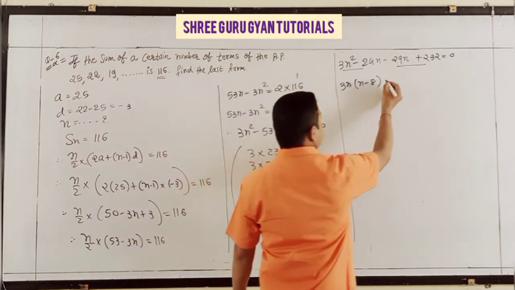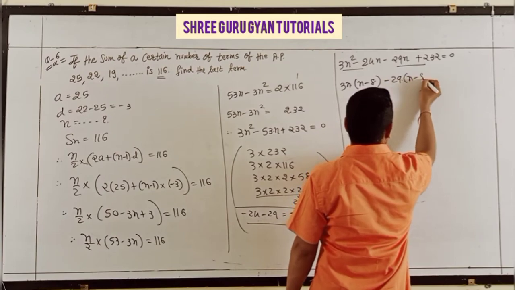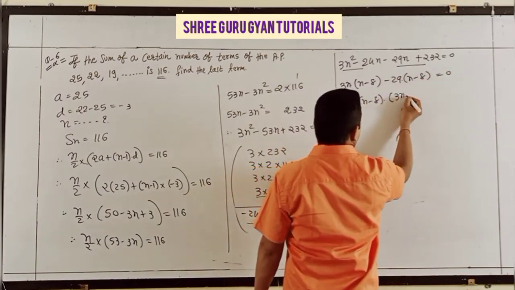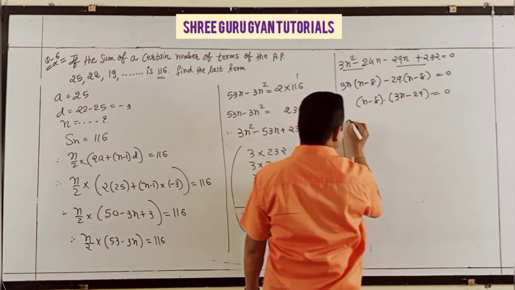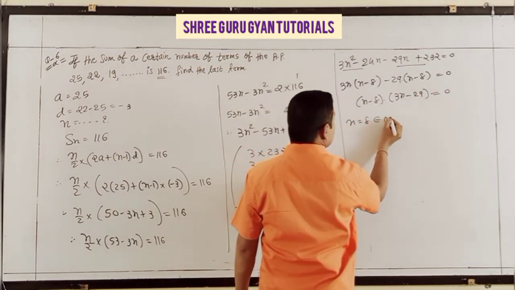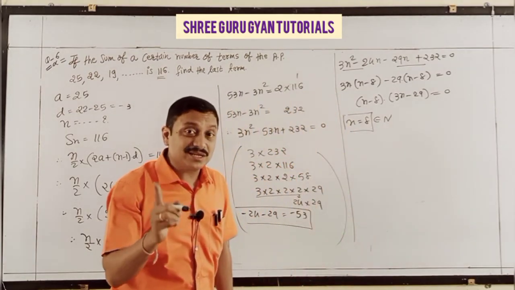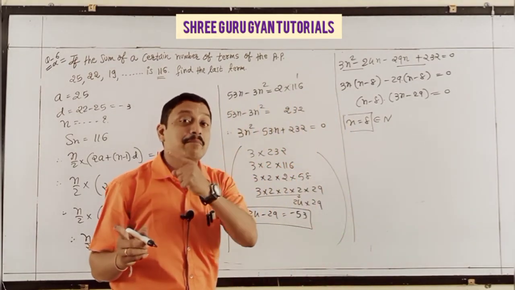Continue. Here 29 common, (n minus 8). So the factors are (n minus 8) and (3n minus 29). One answer is 8. Check, it is a natural number, and always a natural number is correct for any AP terms.